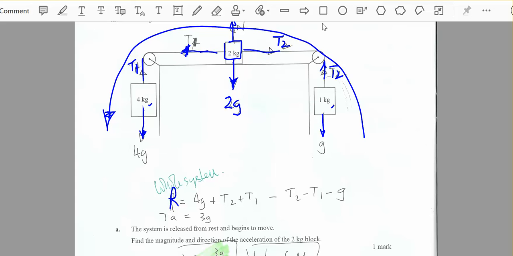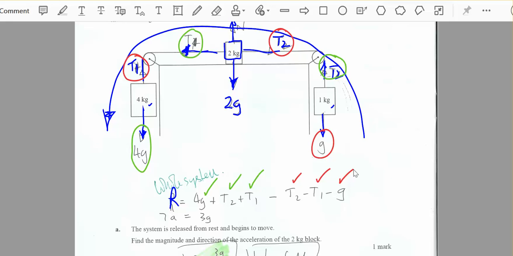And the forces going in the direction of motion are 4g, T1 and T2. So I've got 4g plus T2 plus T1. They're all going in the direction of motion. And the forces in the opposite direction are T1, T2 and g. Minus T2, minus T1, minus g.